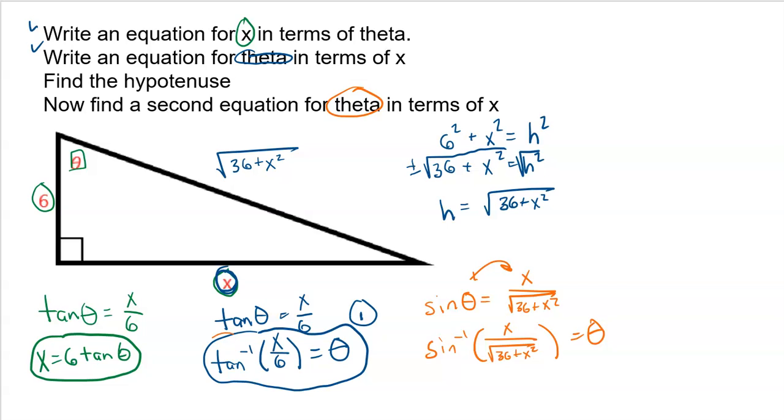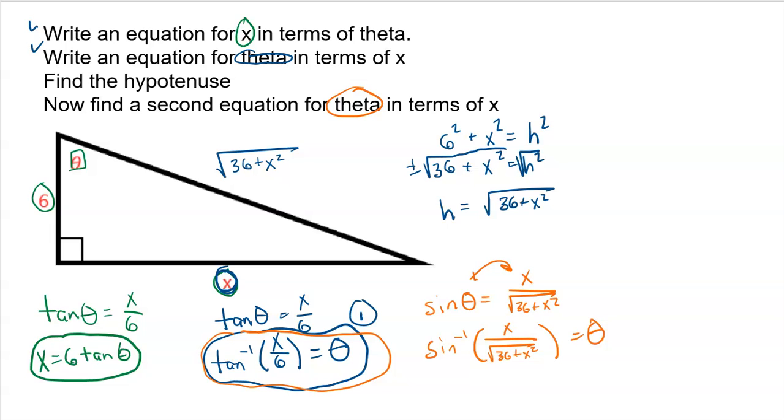So kind of like this equation right here, if a bird lands on my shoulder and whispers x is 10, I could plug in inverse tangent of 10 over 6. But now I have another formula that can do it as well. I would plug in the inverse sine of 10 divided by the square root of 136, because x squared is 100. If x is 10, 10 squared is 100. 36 plus 100 is 136. So again, I would type in the inverse sine of 10 over the square root of 136.